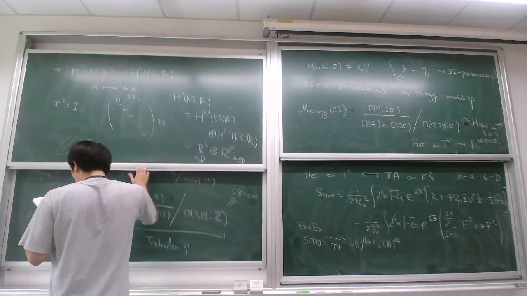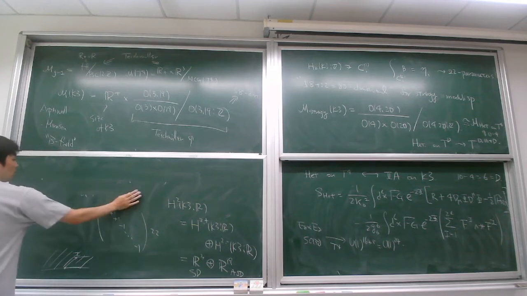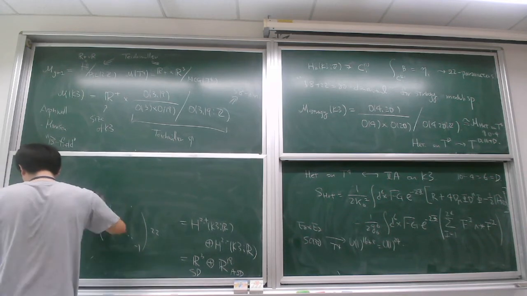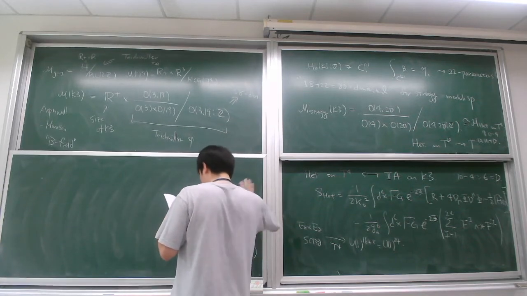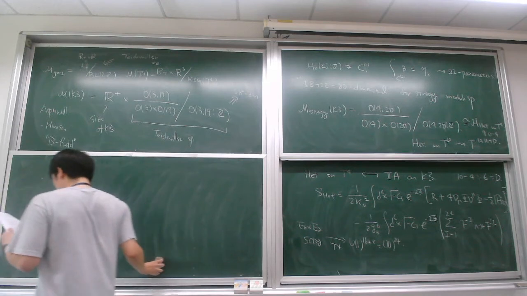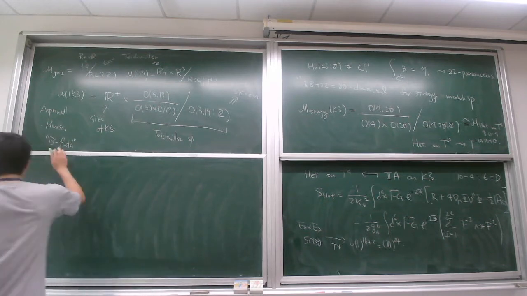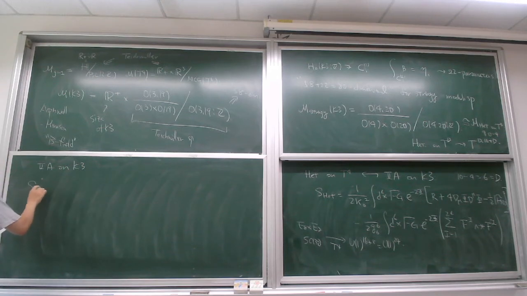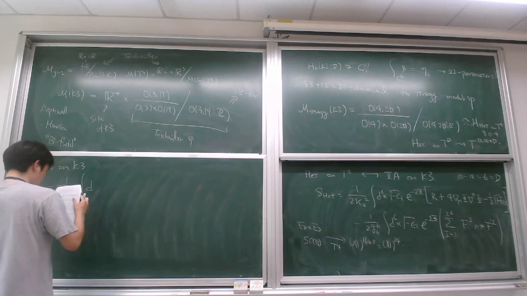And let's now look at type 2A on K3. So now, type 2A on K3. The supergravity action is again the same thing for the Ramond and NSNS sectors. I keep mentioning NSNS.